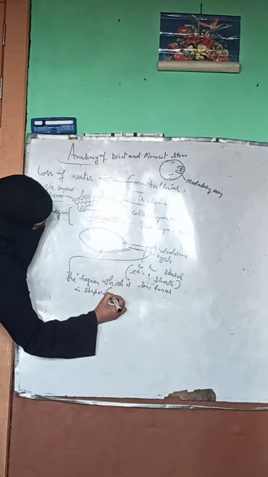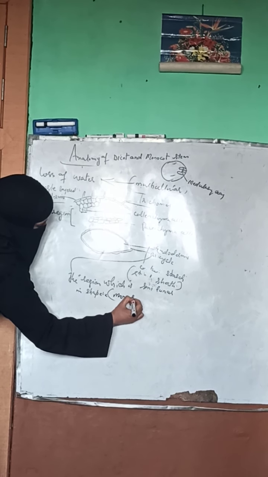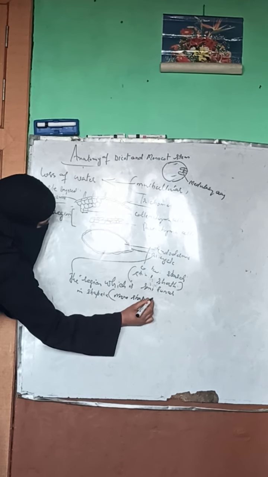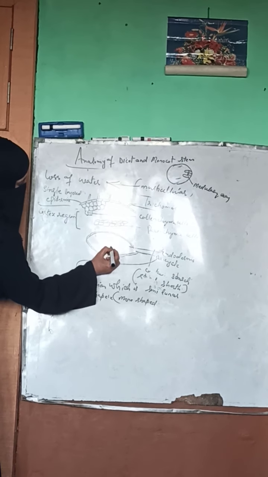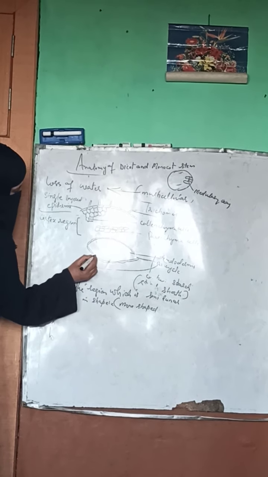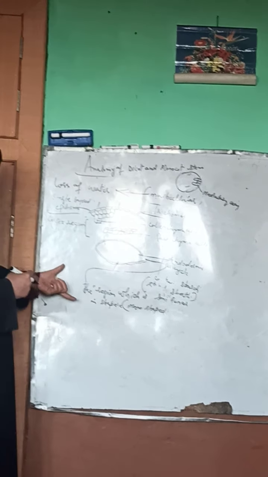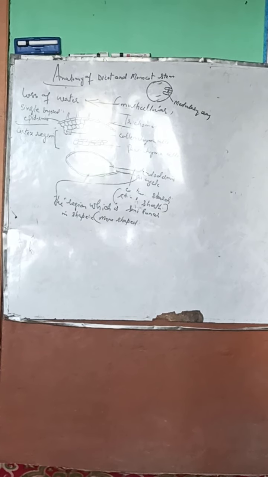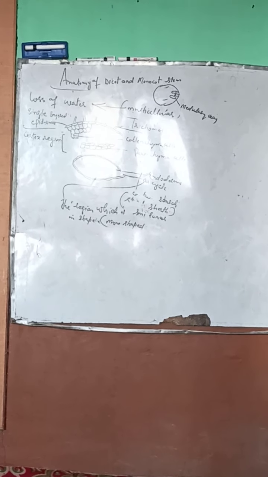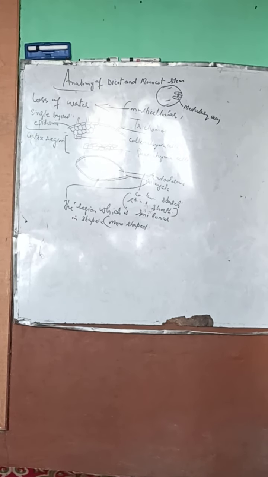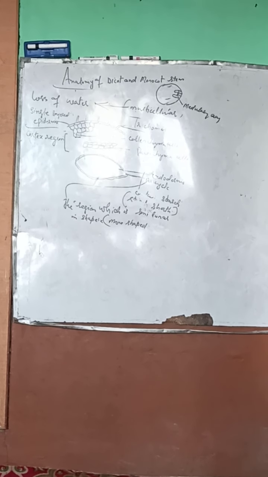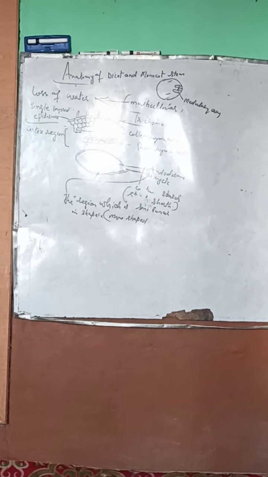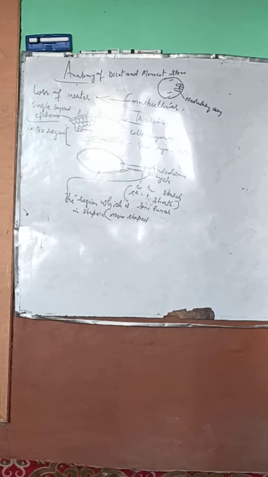It is also called pericycle, and this is semilunar in shape. For example, it is moon shaped.